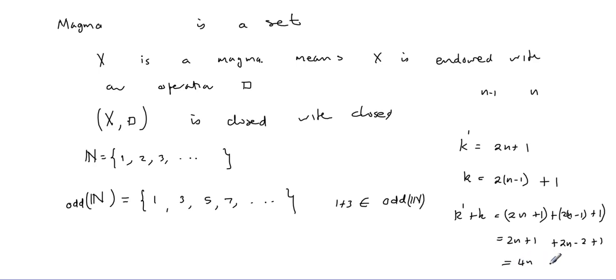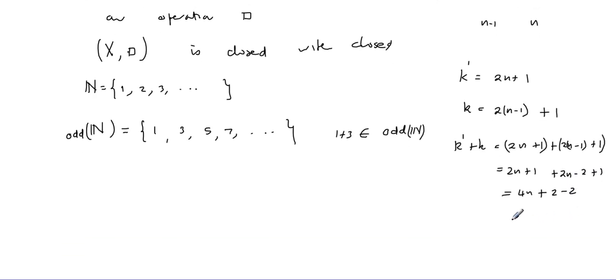And then plus 2, minus 2, and this is a 2n. It's even. I don't know what you want to conclude yourself.